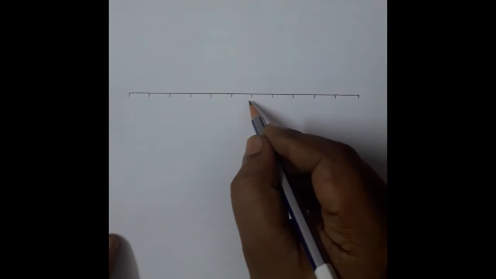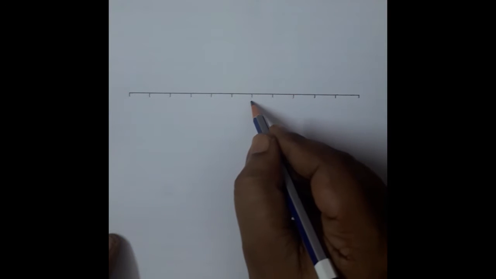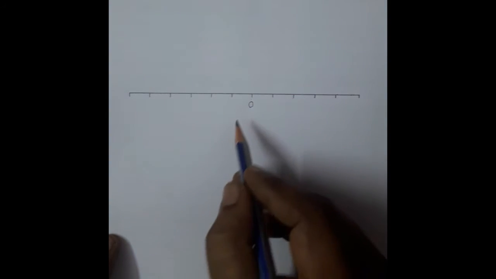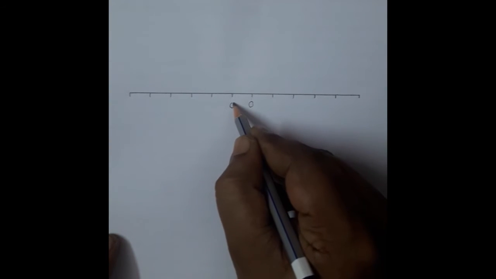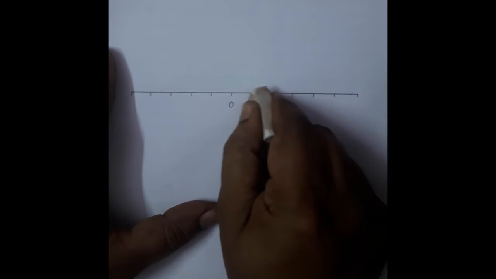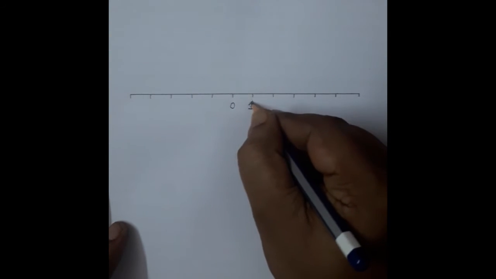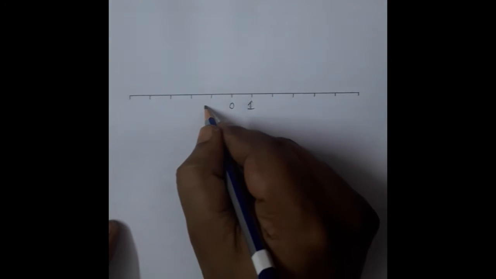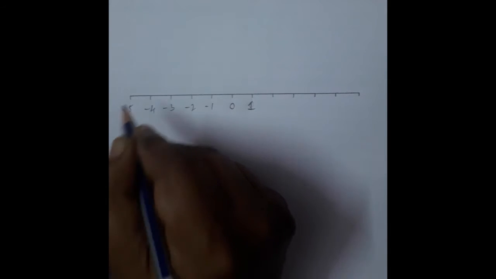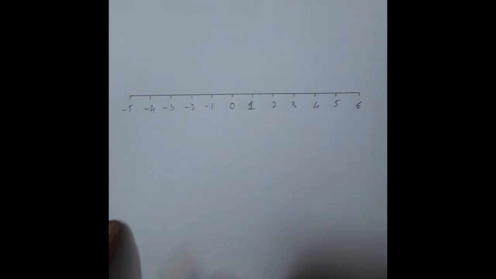Okay, so let us make this 0. We'll take our 0 over here and just erase this. And I'll mark this as 1. This is -1, -2, -3, -4, -5, and then 2, 3, 4, 5 and 6.